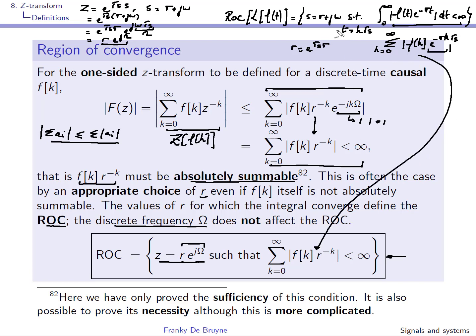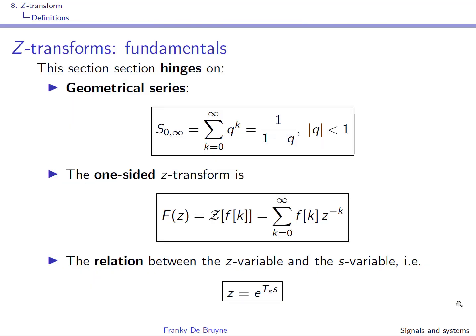So there is a similarity between the region of convergence in the Laplace domain and the region of convergence in the z domain. This is kind of logical because you can see the z transform as a Laplace transform of a sampled signal.